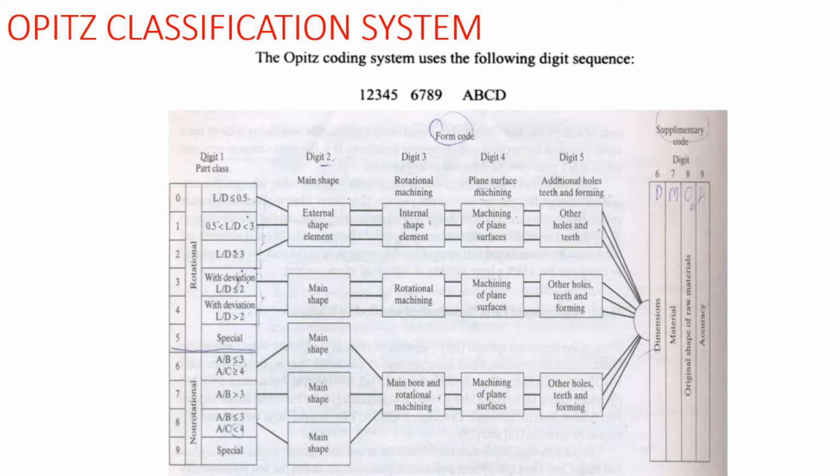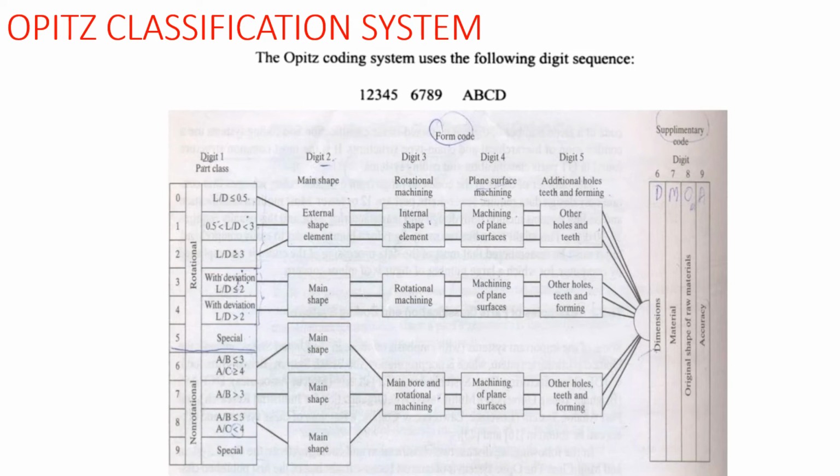It has a total of 14 digits and alphabets: 1, 2, 3, 4, 5, 6, 7, 8, 9, A, B, C, D. Digits 1, 2, 3, 4, 5 are called the form code, which is used to identify the geometric data, and 6, 7, 8, 9 are called the supplementary code.